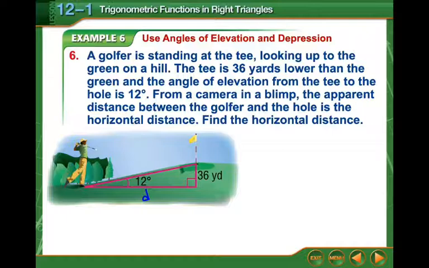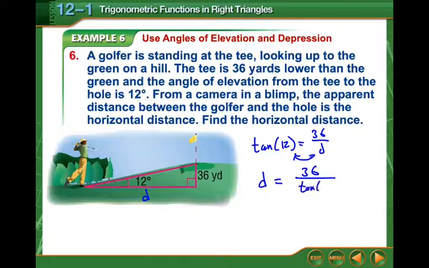So again, we're going to use tangent. Tangent of 12 is equal to 36 over d. And using my little swap-it-out trick, it's just 36 over the tangent of 12. And our distance is 169, it doesn't say where to round on this one, so 67 yards.